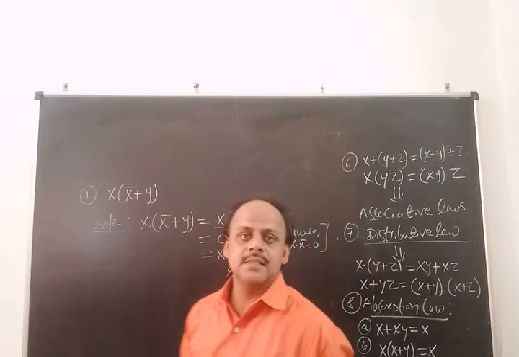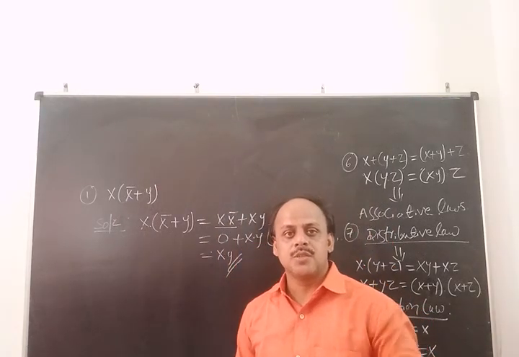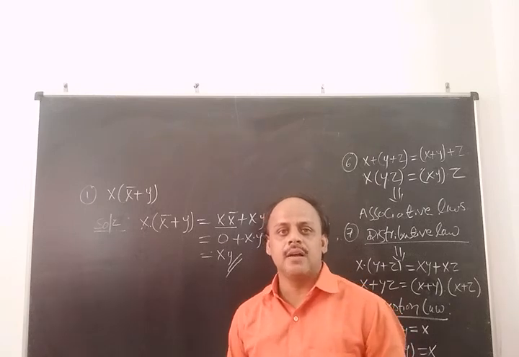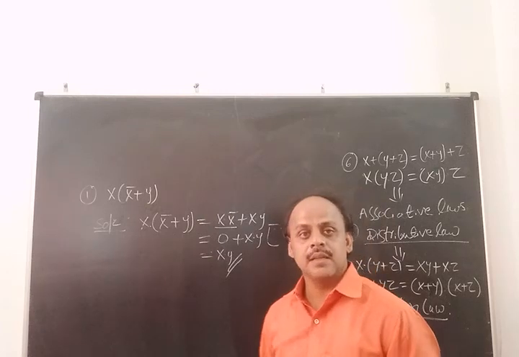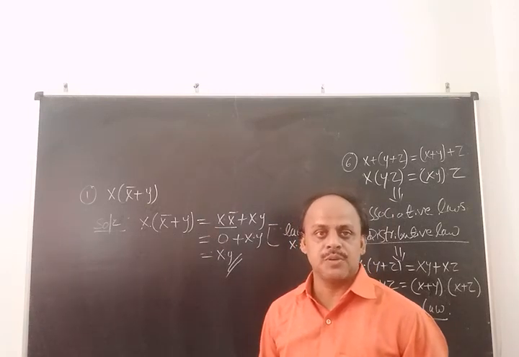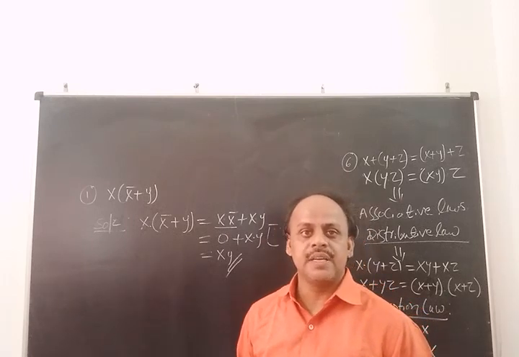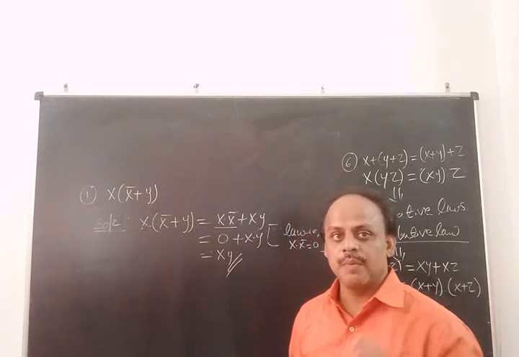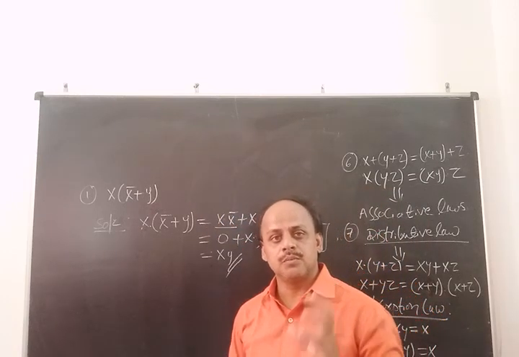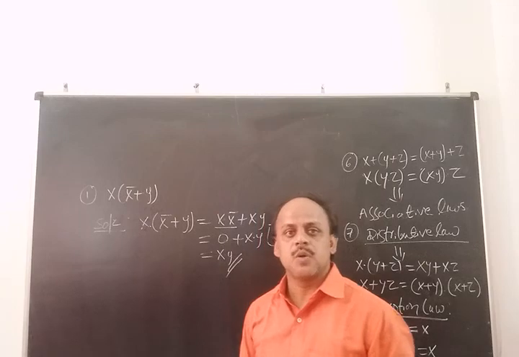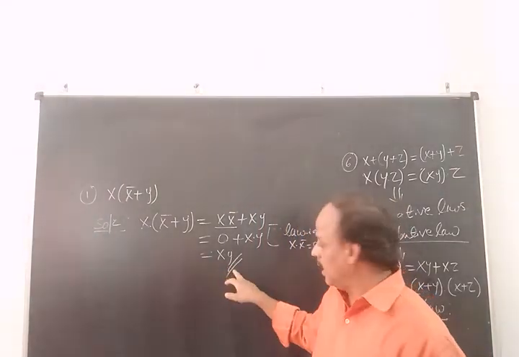In the next class, just go through this previous table. Just remember all the Boolean laws. With the help of those Boolean laws, it is possible to minimize the given Boolean expression, or simplify the given Boolean expression, which means we have to remember all the laws' results.